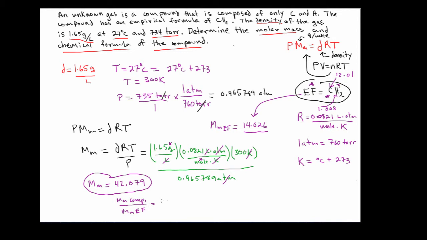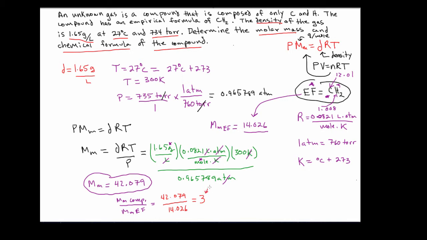But in this case, you can see they're not equal. So the ratio is going to be 42.079 divided by 14.026. And what we get is 3 is our whole number.